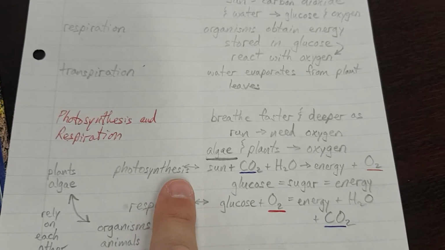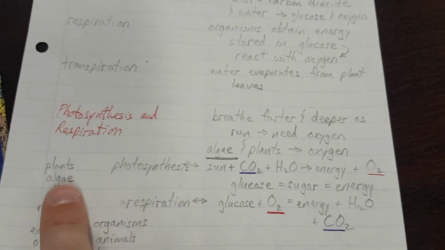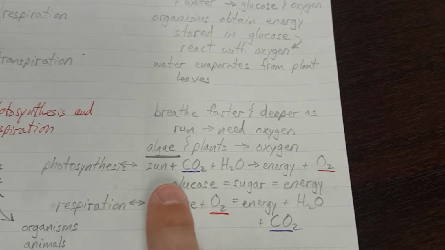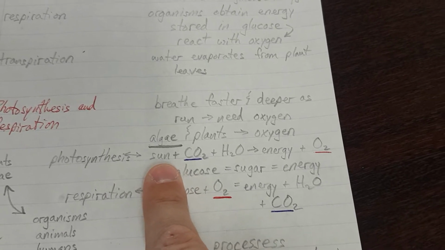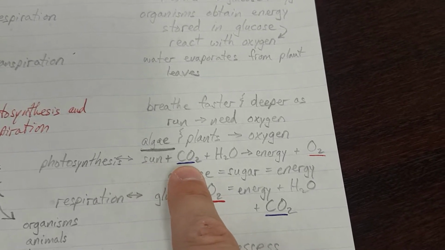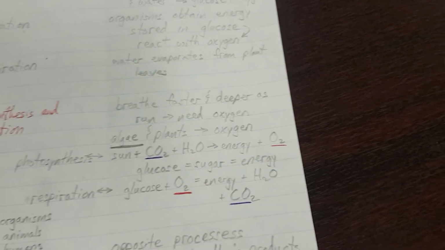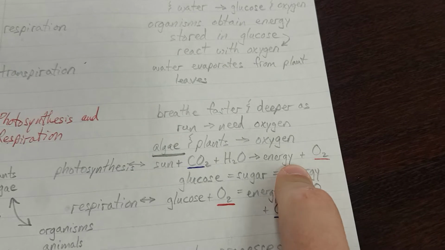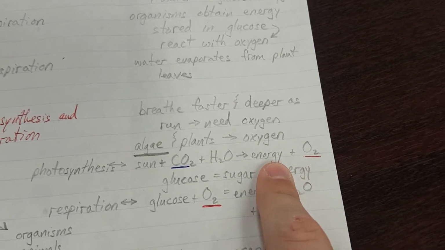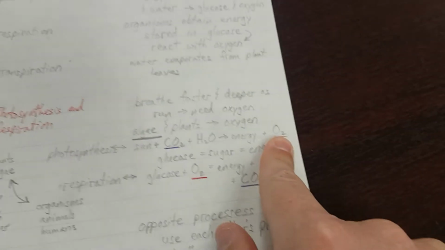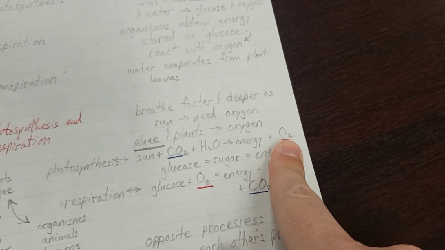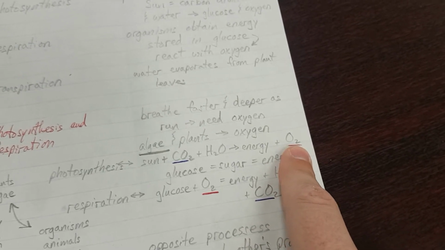So photosynthesis is plants and algae using the sun's energy combined with carbon dioxide and water, converting all of that into energy and oxygen. They use the energy to live or to grow or to reproduce, and the oxygen goes out into the air, and other things like animals and humans use that to breathe.